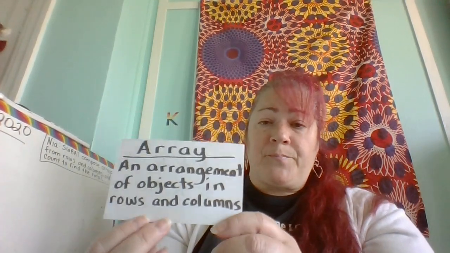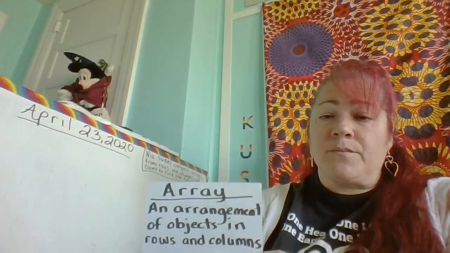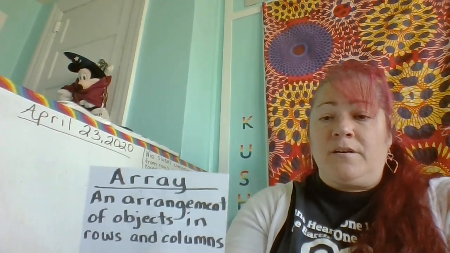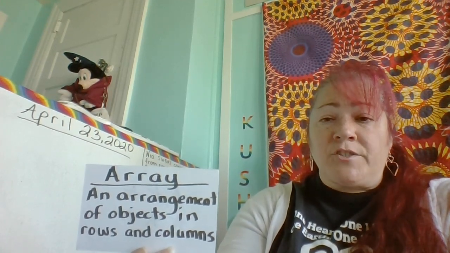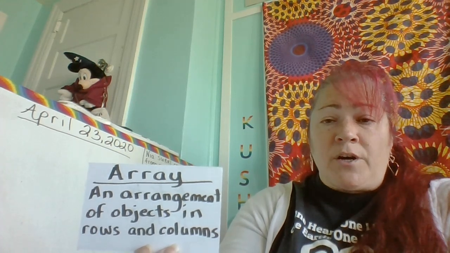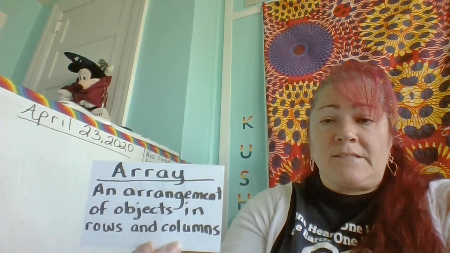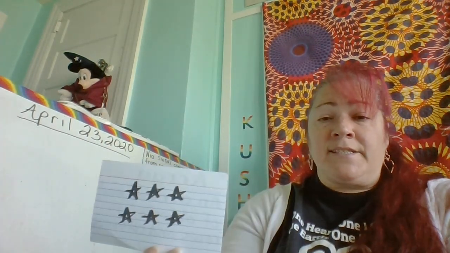So let's put this in our math copybook. Let's put our date at the top, and let's put our definition. Pause the video while you put your date at the top and put in your definition for array. And on the back, I have an example.